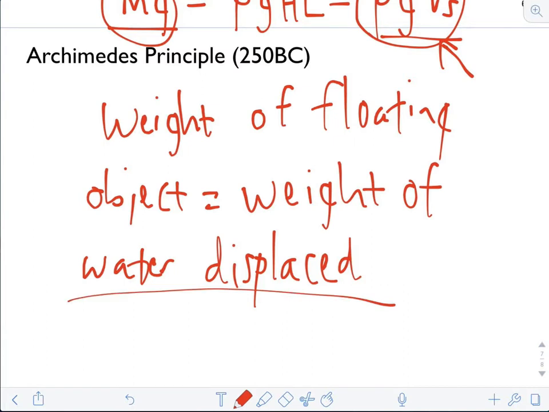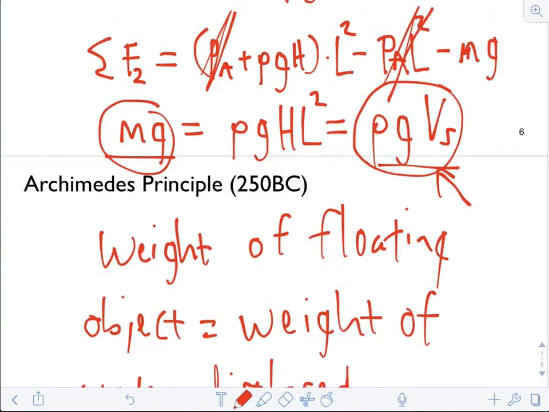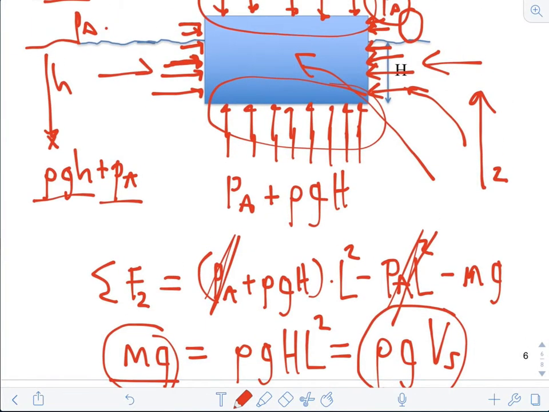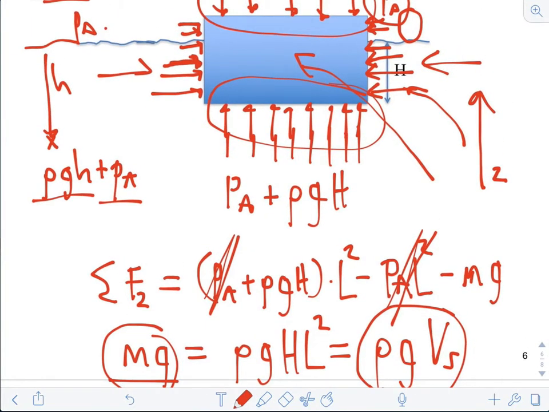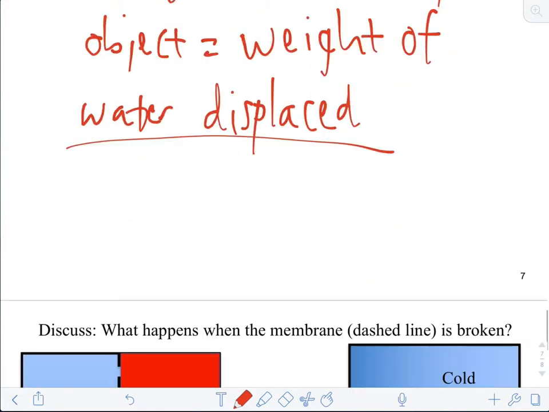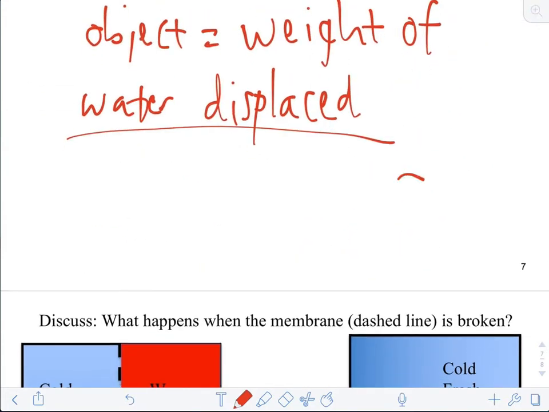And we essentially just saw that in this simple example, where we have this box, that you can derive that relation. If you have a more complicated example, something like this, where the object is a more complicated shape, you can go through the same exercise and you will get the same result.